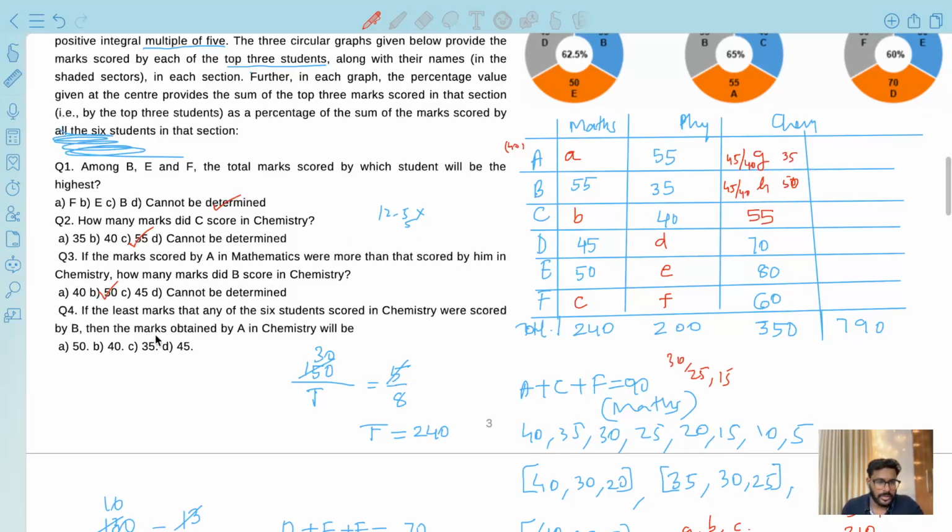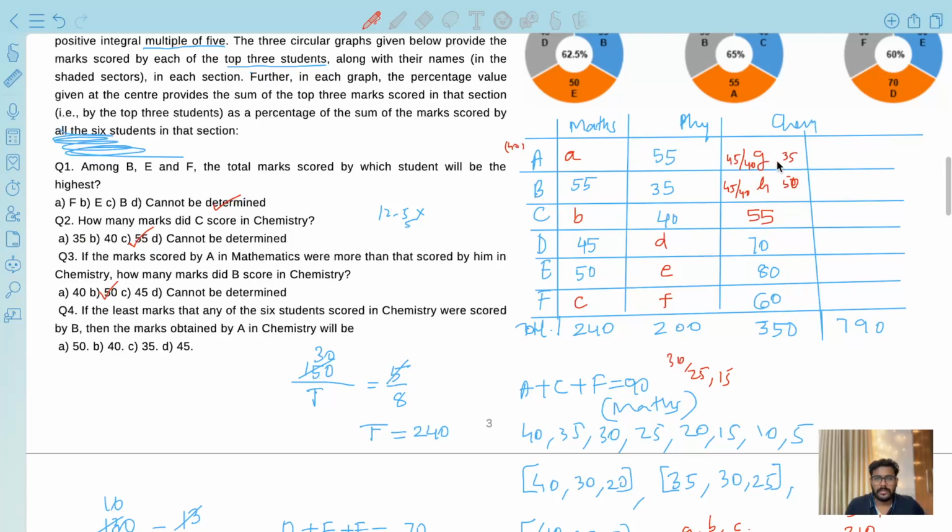Then the marks obtained by A in chemistry: if it is 35, then it is 50; if it is 40, it has to be 45. 35 will not go, so it has to be 40.